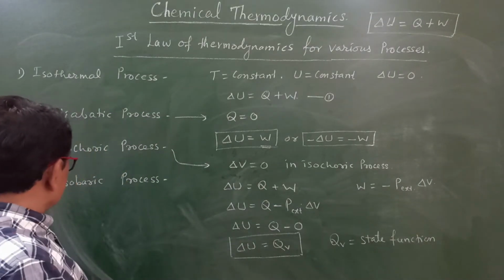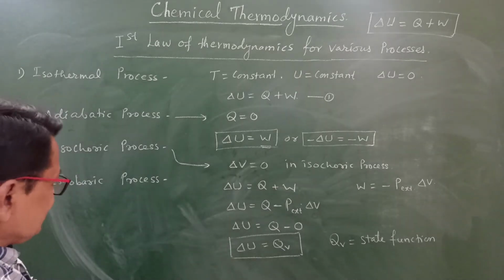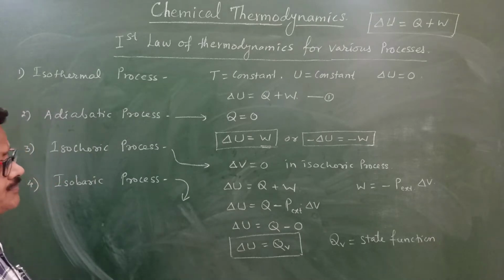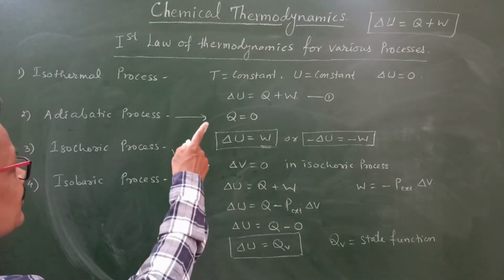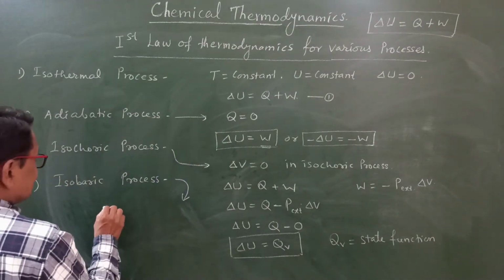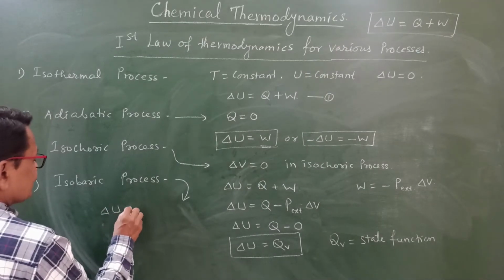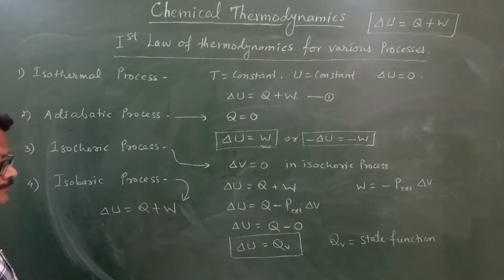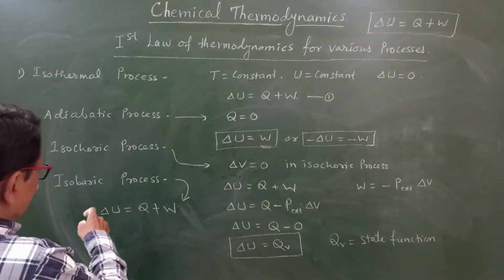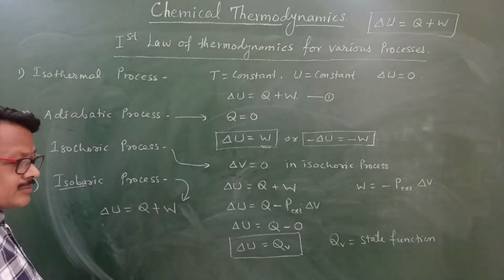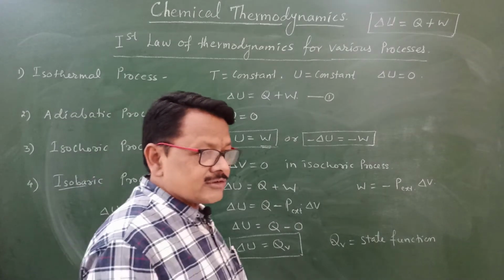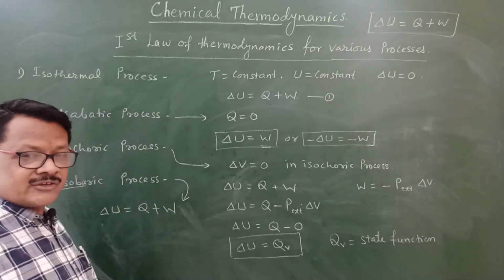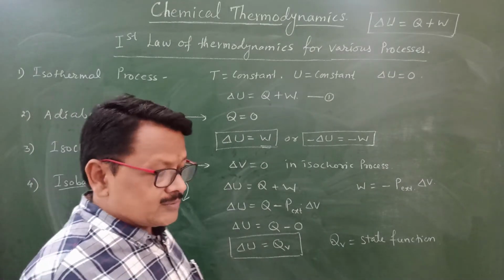Then we will go towards the last one, isobaric process. I will write it here, isobaric process. We just saw the first law of thermodynamics, delta U is equal to Q plus W. Isobaric process means it is the process in which the pressure of the system remains constant, and then the change in pressure delta P is equal to 0.